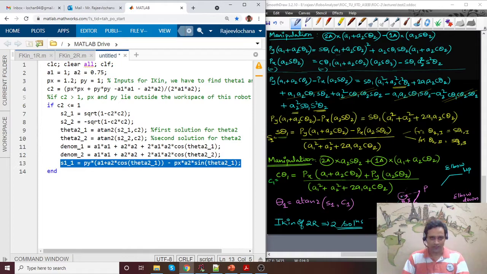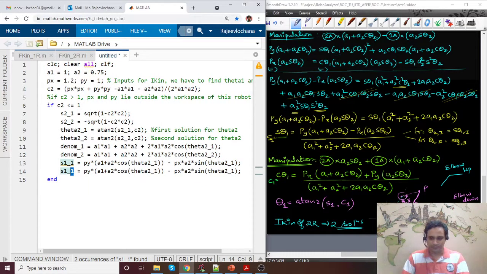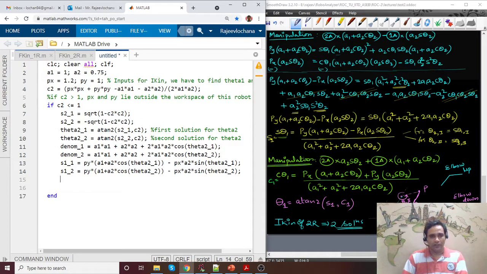Sorry, I should have taken px here. This is the S1 term. Similarly, let me write S1 underscore 2. Only the theta 2 terms will change because we are considering two solutions here. If you are getting confused, just choose one of them and accordingly you will be able to get the other also, but I'm just merging both here.